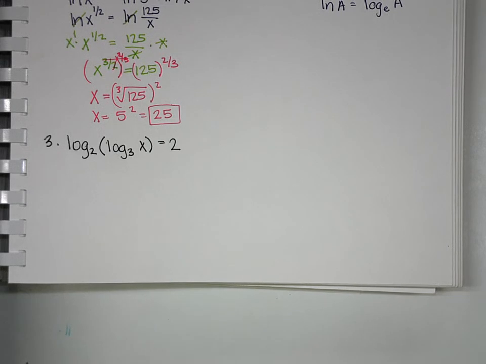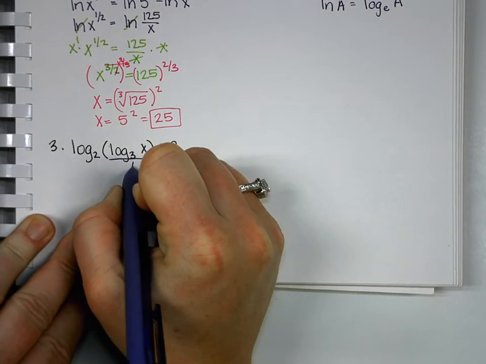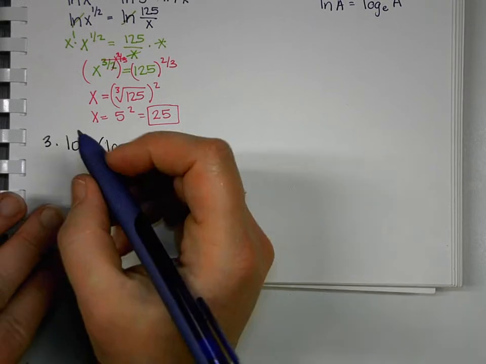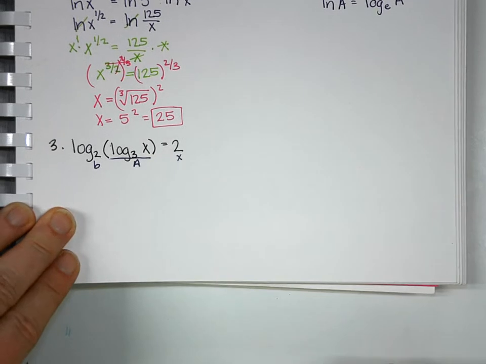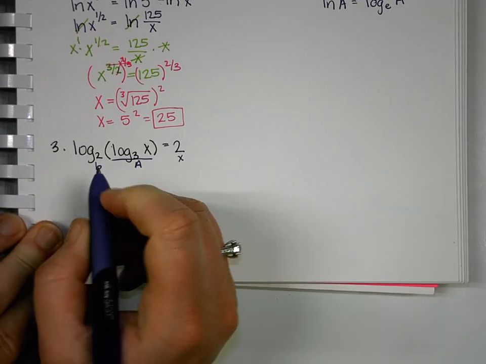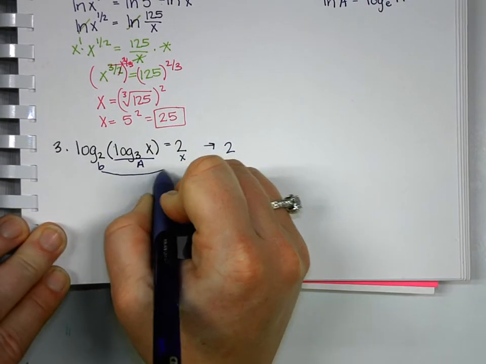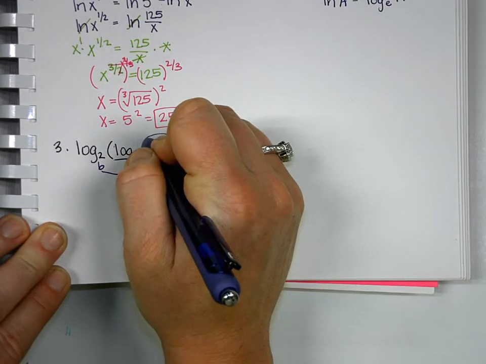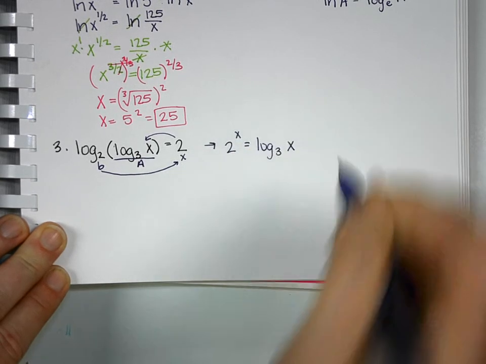So I need to think of this here as my a. All of that right now is inside of that log 2. Here's my base, and here's my x. So if I go and write this as an exponential form, I have my base, which is 2, to the 2 power equals my a term, log base 3 of x.